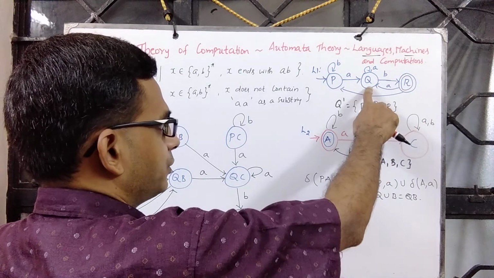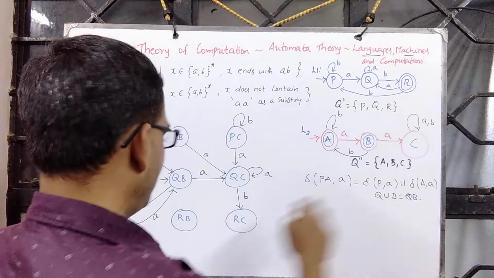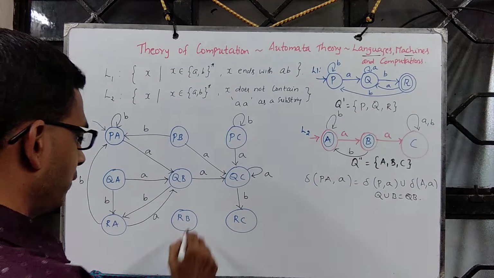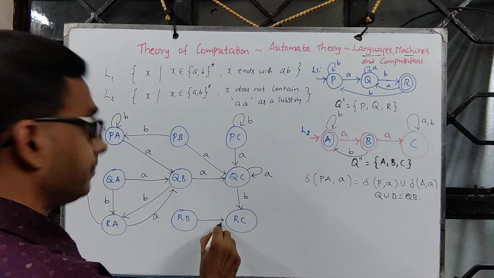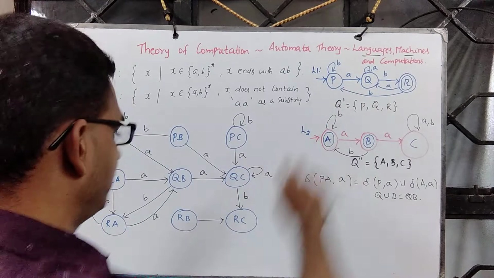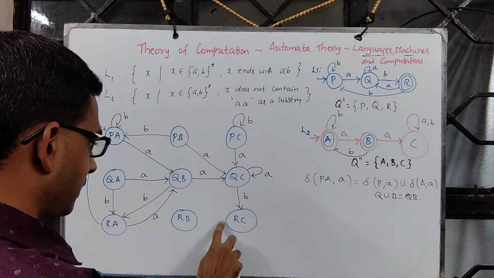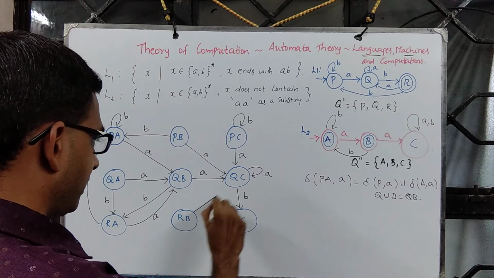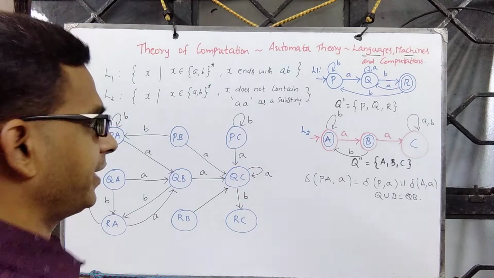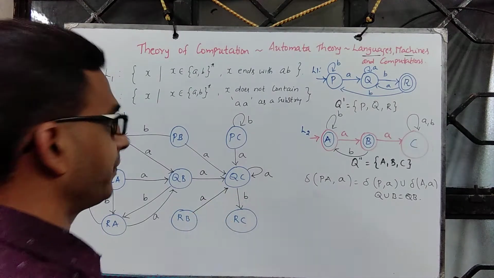R comma A is Q and B comma A is C. So we should go to QC.